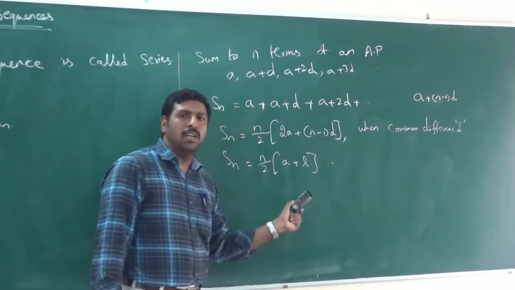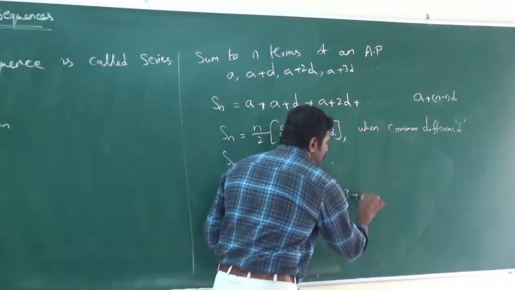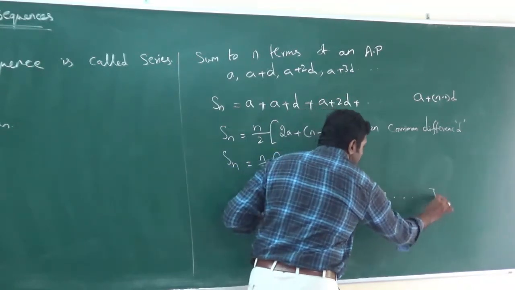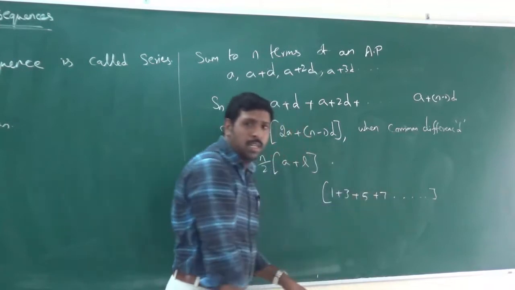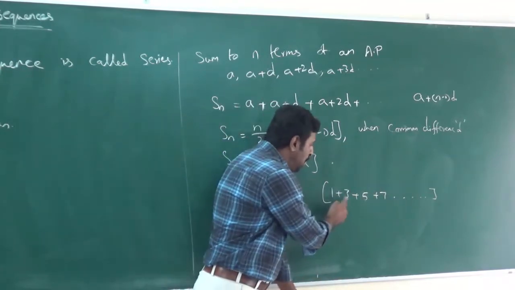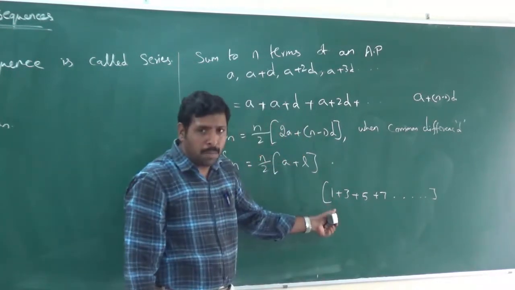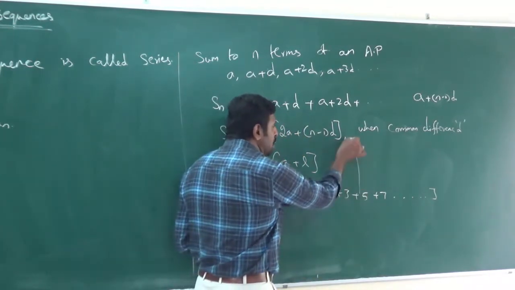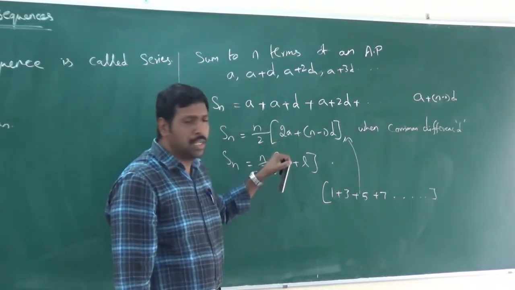When we know the last term, for example, the sequence is 1 plus 3 plus 5 plus 7, and it goes on like this, right? Here we don't know the last number, but we can find the common difference from this sequence. So here we use the formula n divided by 2 into 2a plus n minus 1 into d.